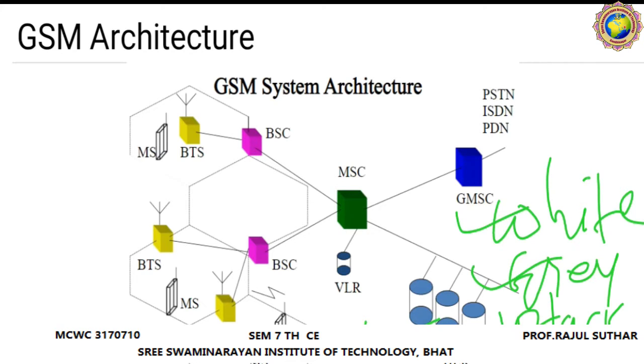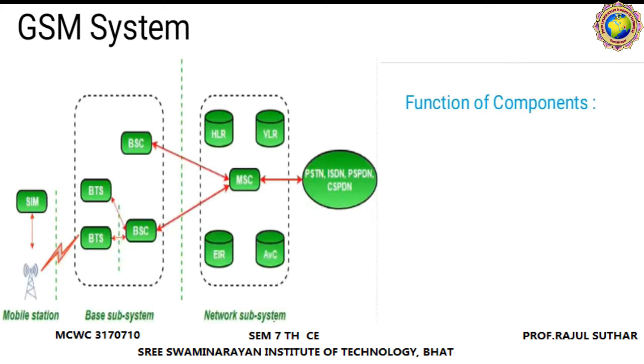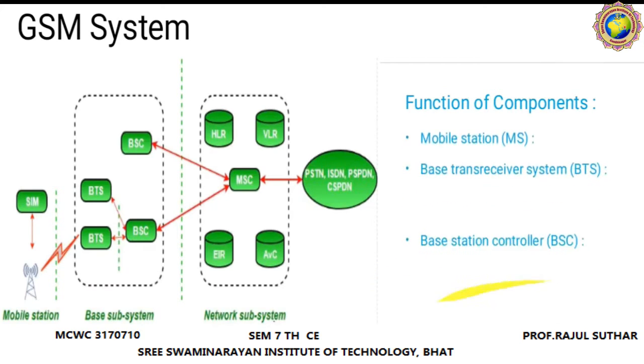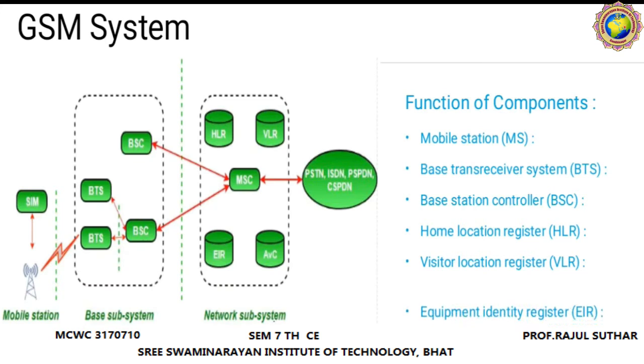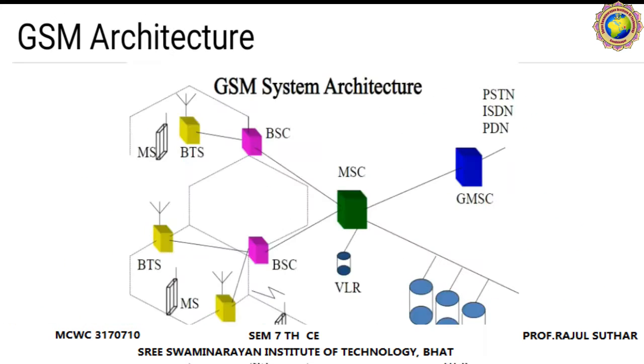Then the authentication center. The authentication center is a protected database that stores a copy of the secret key. What is the functionality of the AUC? The authentication center is a protected database.